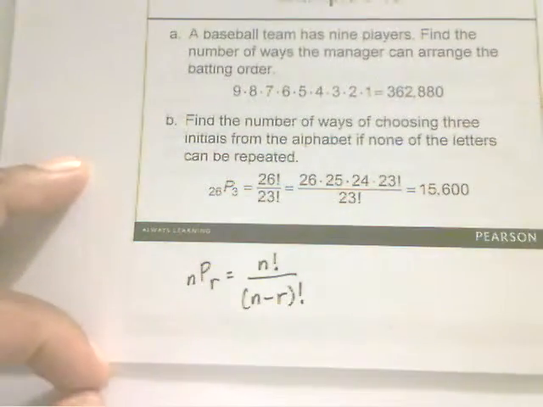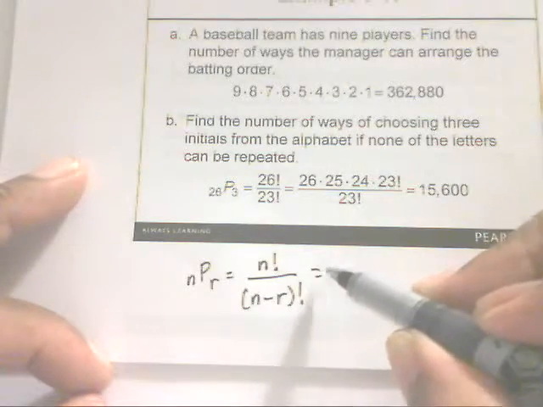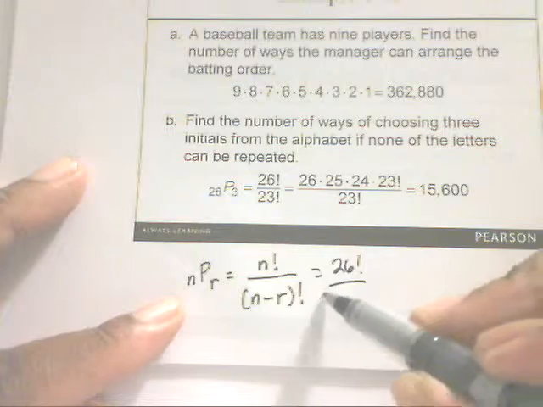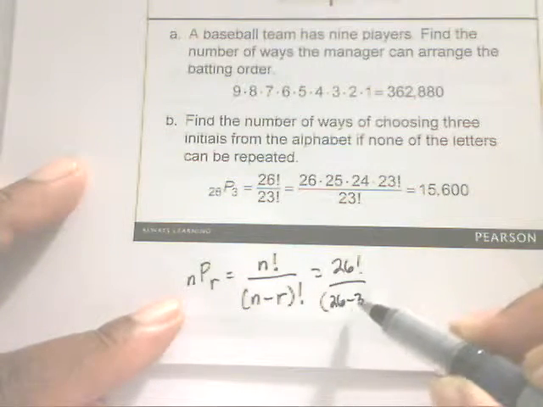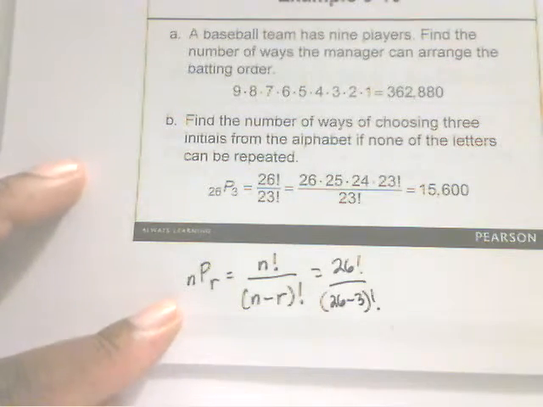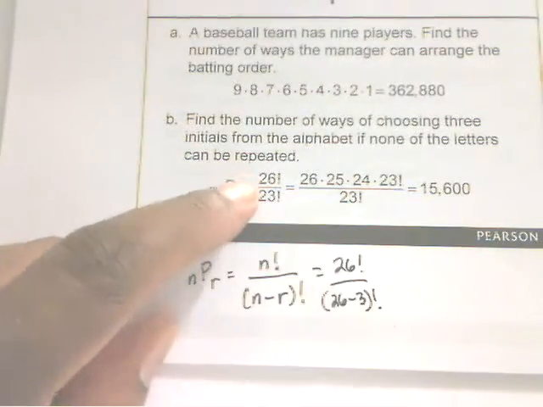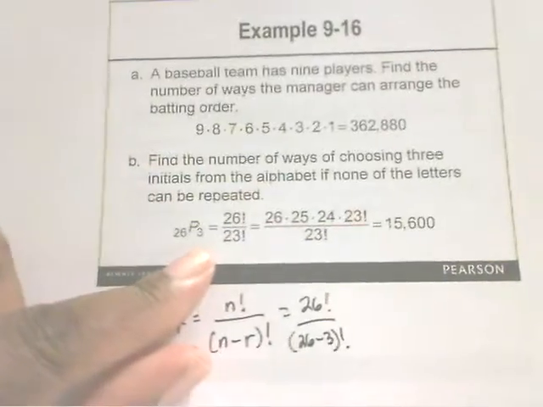In this case, our n was 26, so that's going to be 26 factorial divided by 26 minus 3 factorial. Now 26 minus 3 is 23. So now you have 26 factorial divided by 23 factorial.